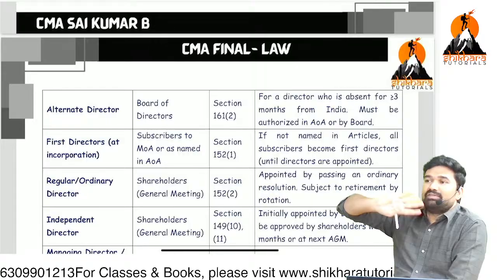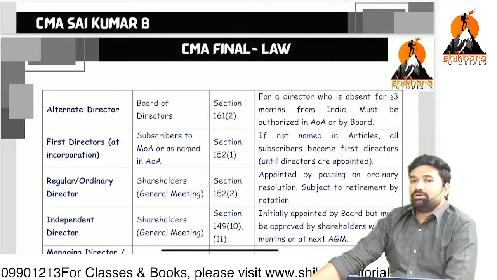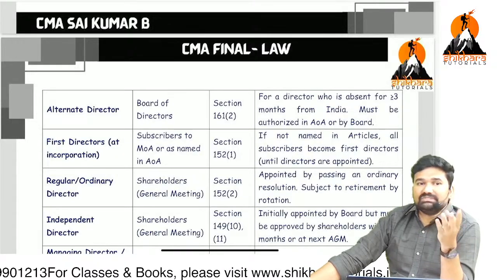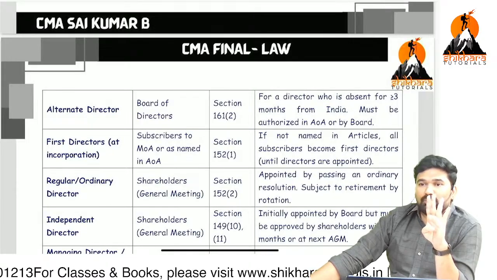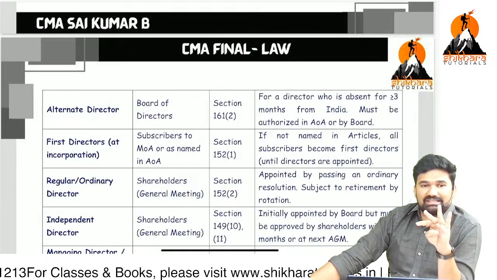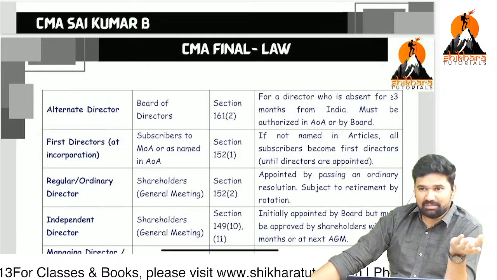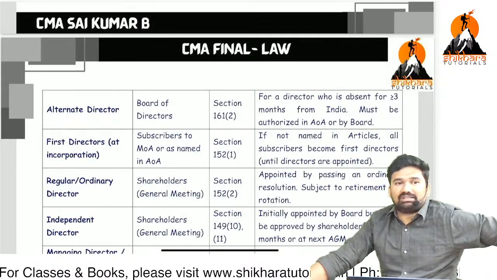Who is going to tell the 4 points? These 4 points will be called ordinary business or regular business. Apart from the 4 points, if any other business is there, it will be called extraordinary business.